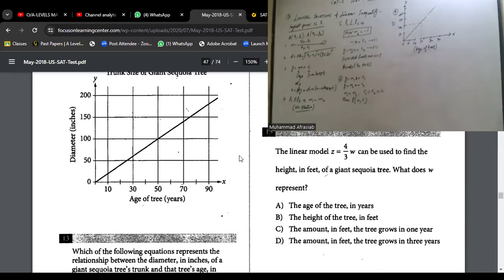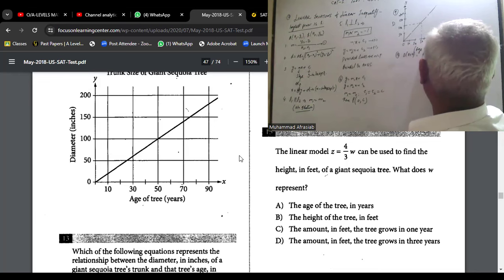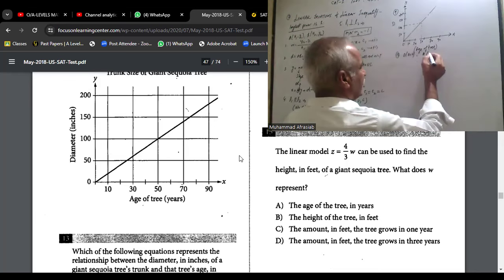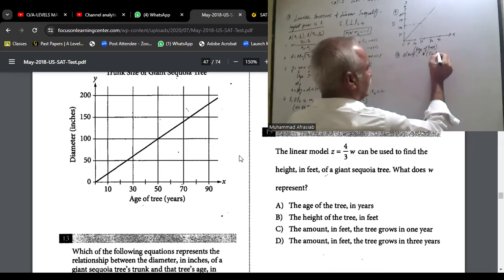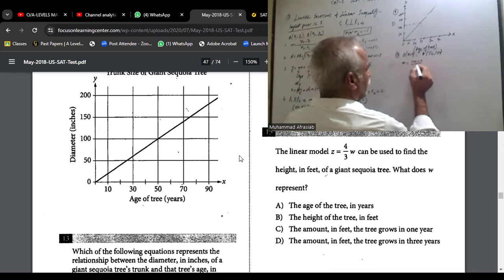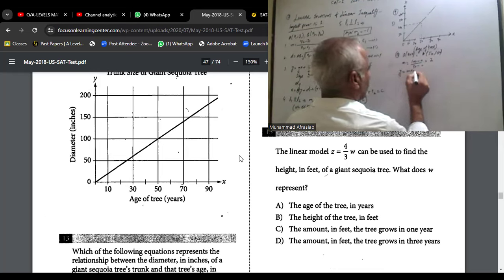From this straight line, point O is (0, 0), and point A is at 50, 100 in diameter. So the slope of that line is 100 minus 0 over 50 minus 0, that is equal to 2. We know that y is equal to mx plus c.